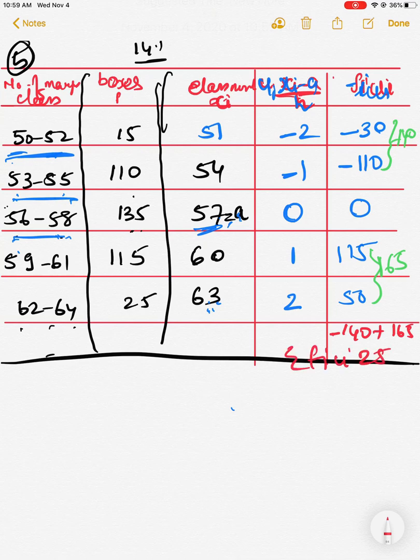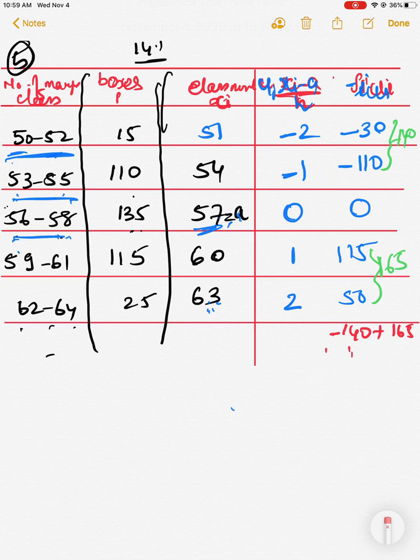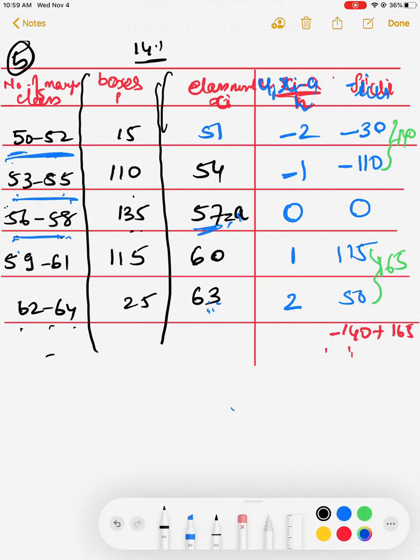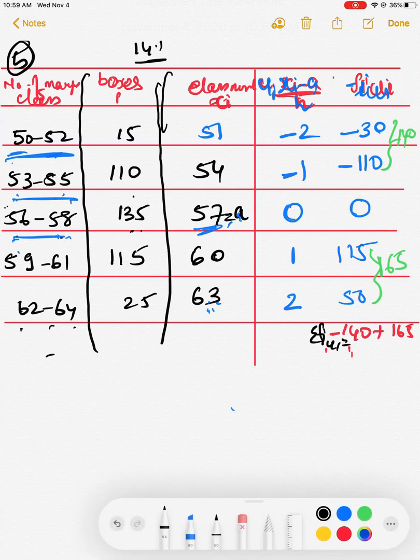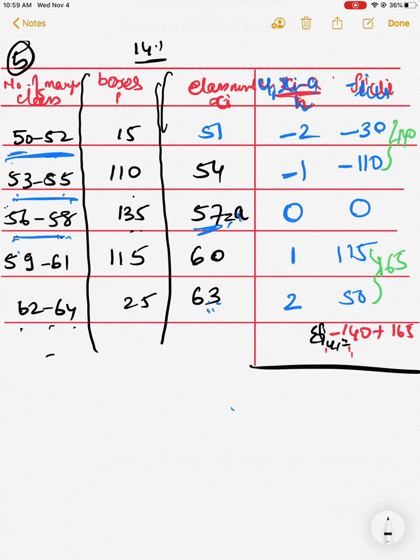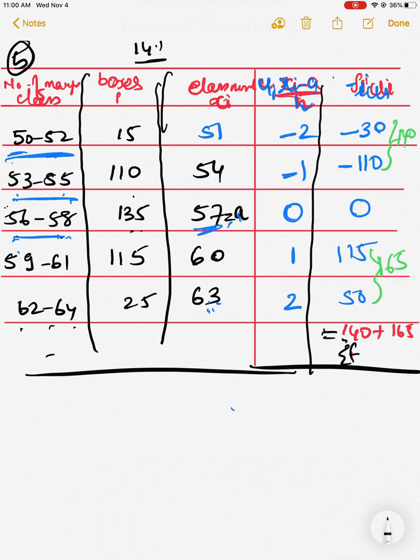So our sigma fi ui is equal to 25. Now if you add up all the frequencies, we are getting 400 here.